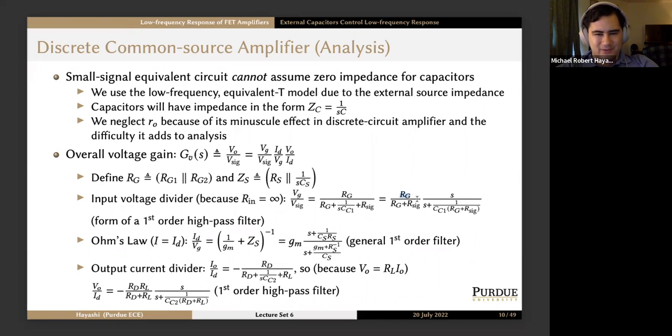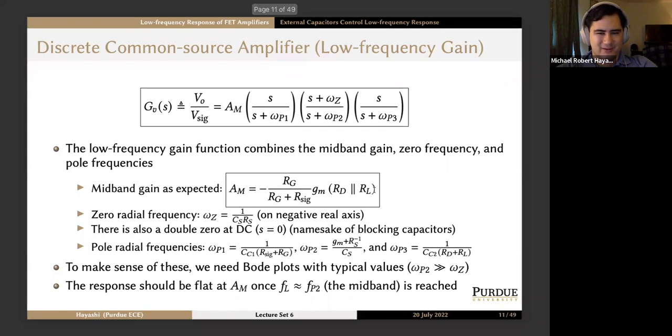We have the input voltage divider right here. We get a factor GM. And then we also get this right here, which product over sum of resistances is just parallel resistances. And sure enough, if we were to go back to the exam 1 equation sheet, look up the midband gain for a discrete common source amplifier, you would find this equation. So this is exactly what we expect to get for midband gain.